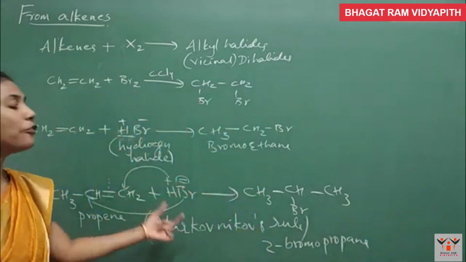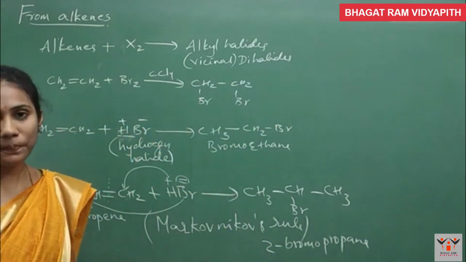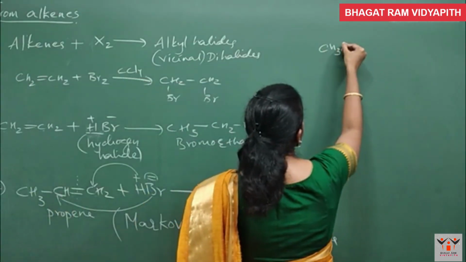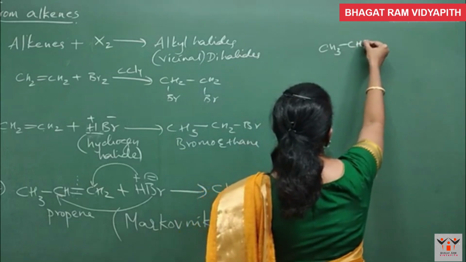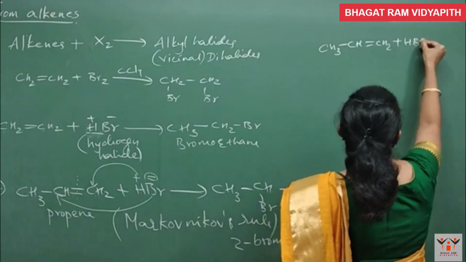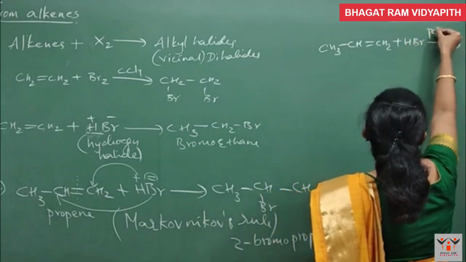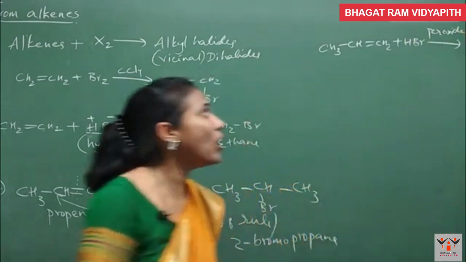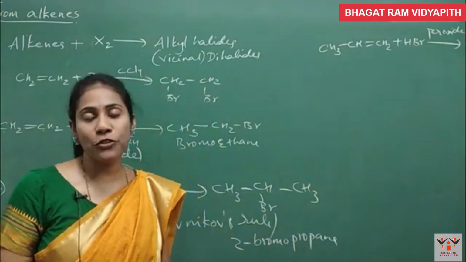Okay, so this is how you have to write the product. Suppose I have CH3-CH=CH2. I will add HBr in presence of peroxide. So here comes another rule called anti-Markovnikov's rule, right?